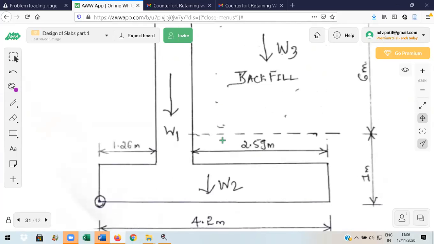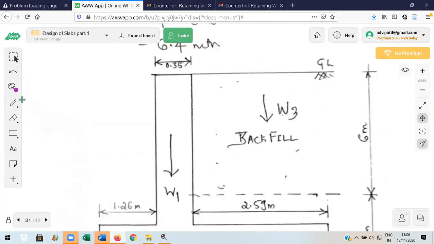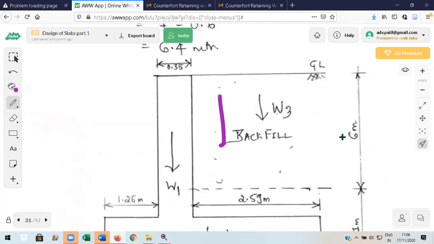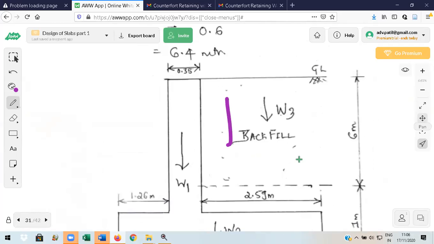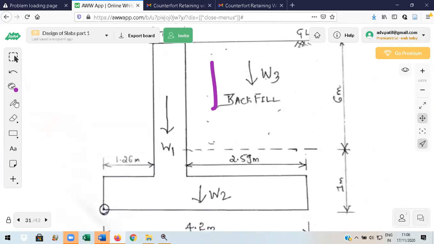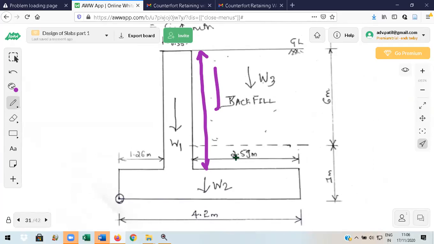I want this height. How to get this? Height of the stem is total height minus thickness of the heel.